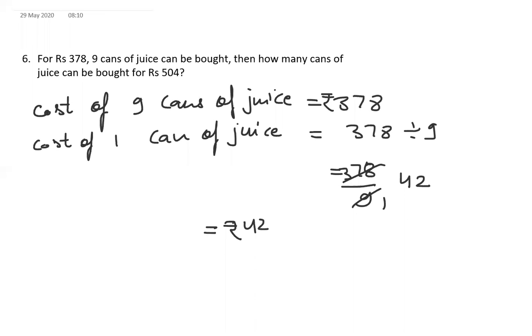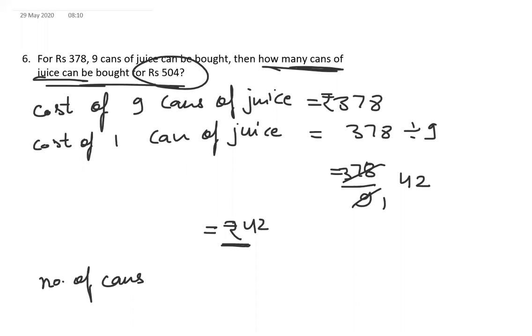So cost of 1 can of juice is rupees 42. Now the question is asking how many cans of juice can be bought for rupees 504. If the price of 1 can is 42 and you have rupees 504, how many cans of juice can you purchase?